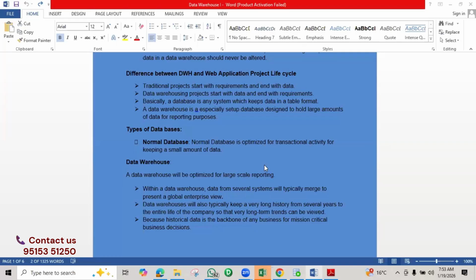Just like the current data is in the normal database and the old data is stored in the data warehouse. Correct. Just like for banking transactions, if we download our statement, in that statement we have today's data and old data also. It will be like that.